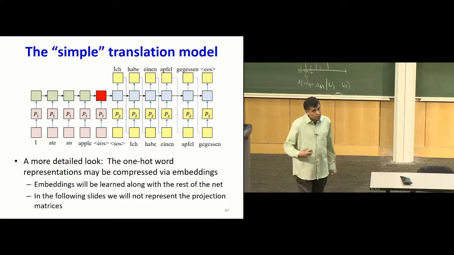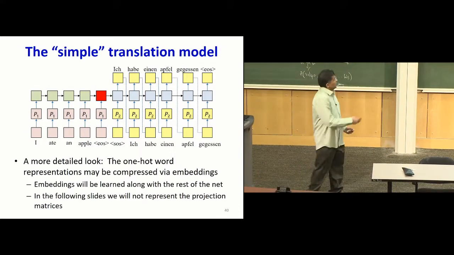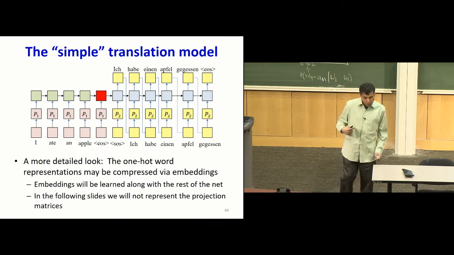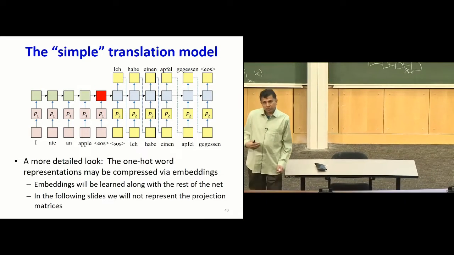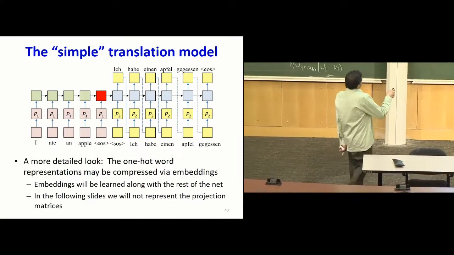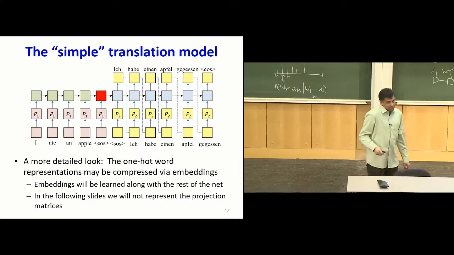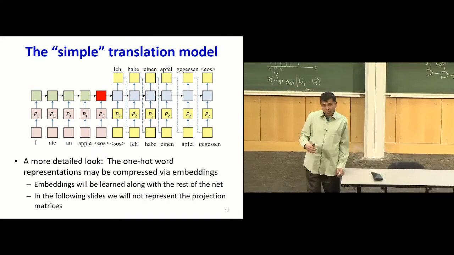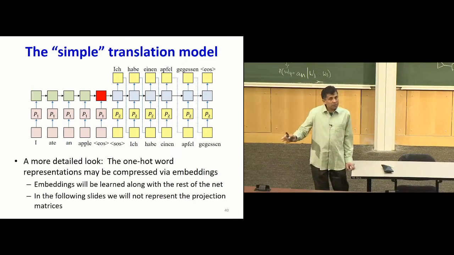Because the input and output vocabularies are different, you expect the projection matrix for the input in the encoder, which works on the input sequence, to be different from the projection matrix that works on the output words in the decoder. I won't explicitly show these projection matrices in my figures either, but you must always assume that they are present, and that they have either been pre-learned or are being learned as part of the model.